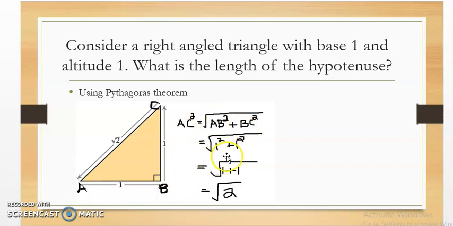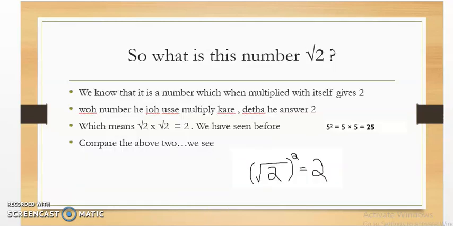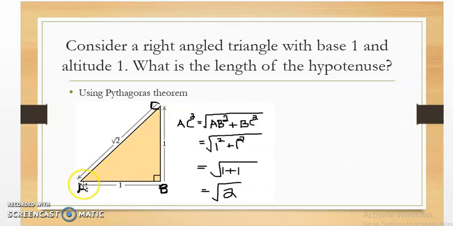AB is 1, so AB square is 1 square, which is 1. BC is also 1, BC square is 1 square, which is 1. So AC is root of 1 plus 1, that is root 2. So this length is root 2.